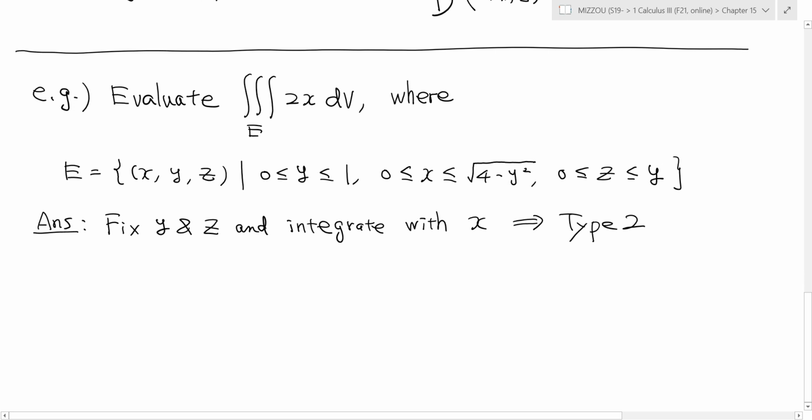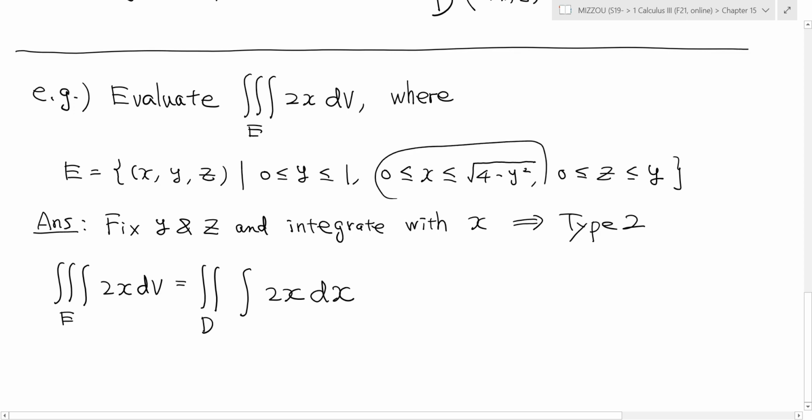So in this case, the triple integral over E of 2x dV. This is written as dA over D. We're going to figure out D later, so let's not worry about D for now. And then we integrate with x.